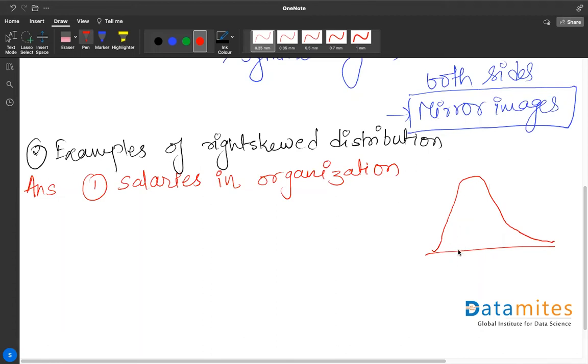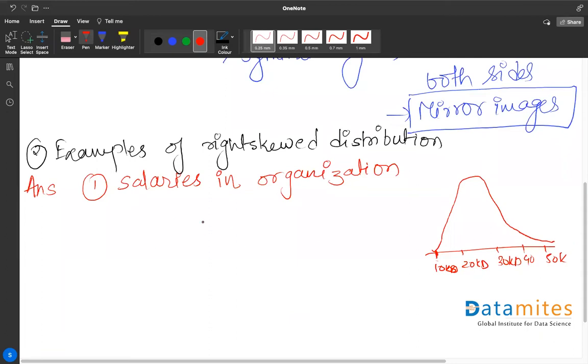So if you see here, right, this is the scale. Initially, let's say somebody started with 10K dollars, then 20K dollars, 30K dollars, 40K dollars, 50K dollars. See here. So basically, as salary increases, the number of employees are increasing, right, in the organization.